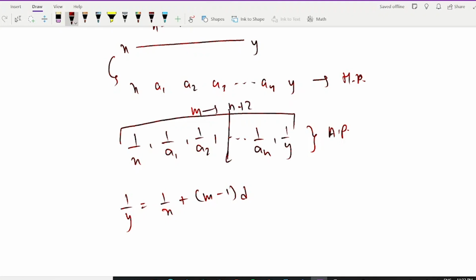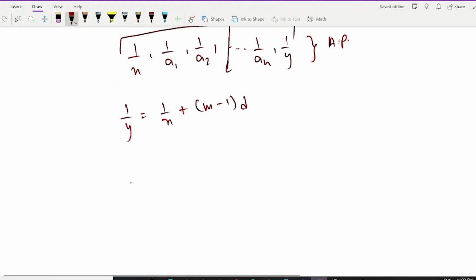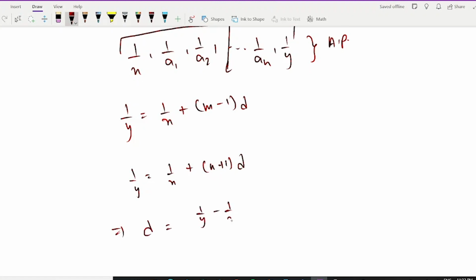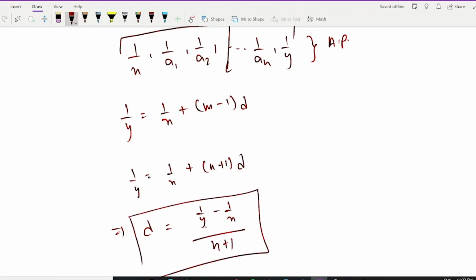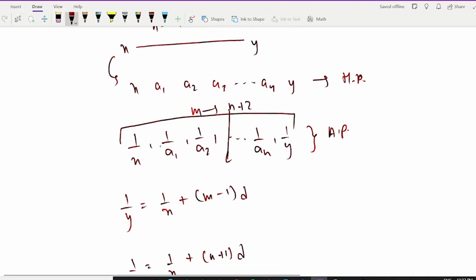Putting this value here, I will get 1 by y is equals to 1 by x plus (n plus 1)d, and the formula for d will be (1 by y minus 1 by x) upon (n plus 1). We know the value of y, we know the value of x, and we know the value of n. We can calculate d, and hence we can calculate all these terms 1 by a1 to 1 by an, and we can find the harmonic progression.